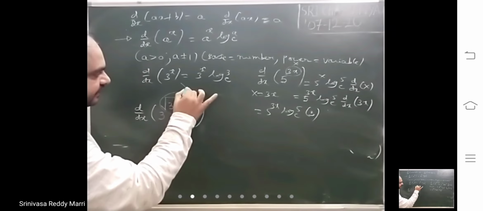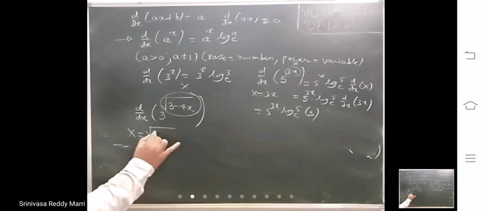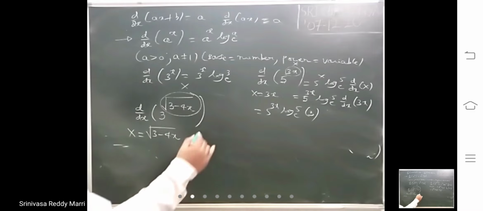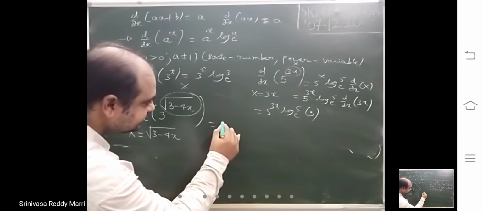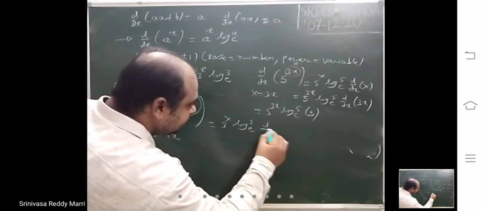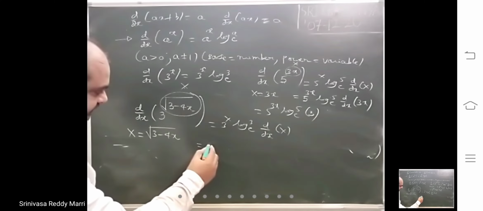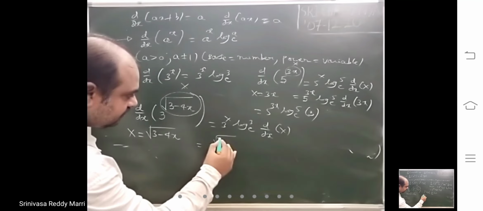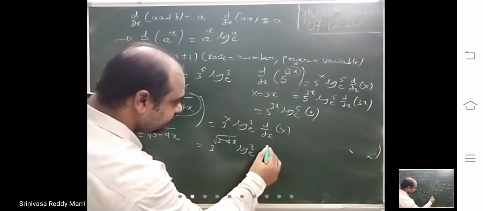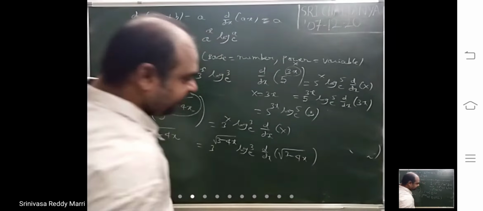So for the first step you take this completely as capital X. So capital X is nothing but root of 3 minus 4x. That means d by dx of 3 power x is nothing but 3 power x into log 3 to the base e into d by dx of capital X. Now substitute capital X. So 3 to the power root of 3 minus 4x log 3 to the base e into d by dx of root of 3 minus 4x.